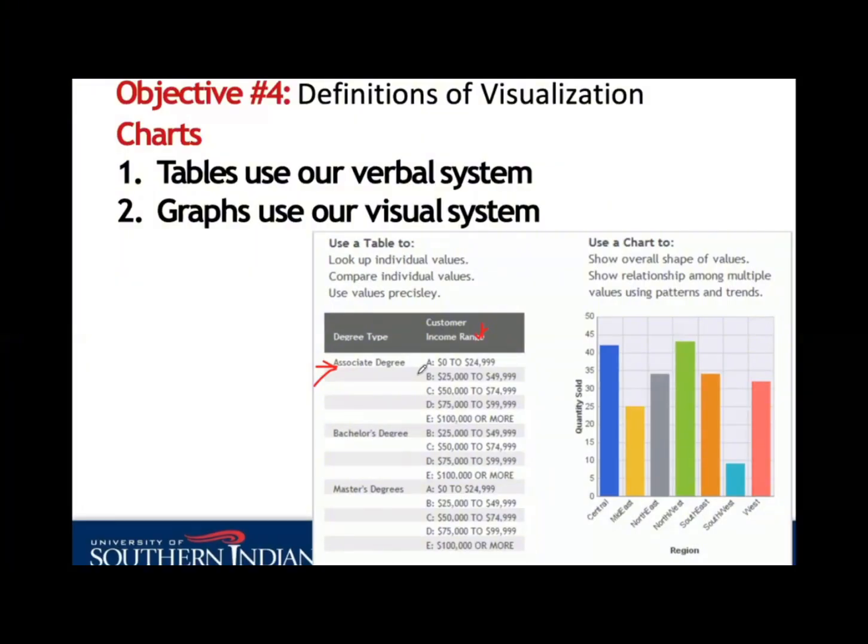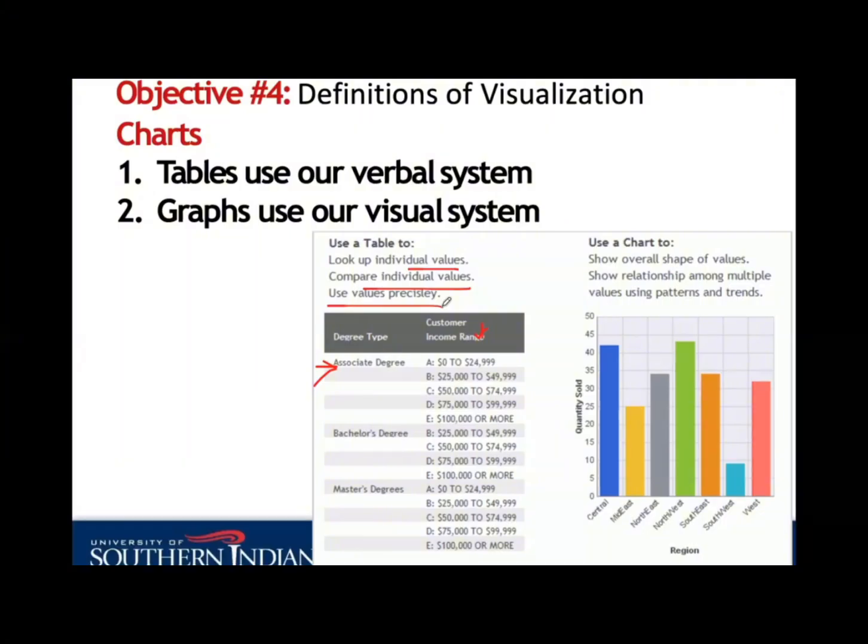Tables tend to rely on humans' verbal systems, which means we read the numbers and then compare them between each of the cells, rows, and columns. We use a table when we want to look up individual values, compare individual values, and use the values precisely. So we have to use a table.